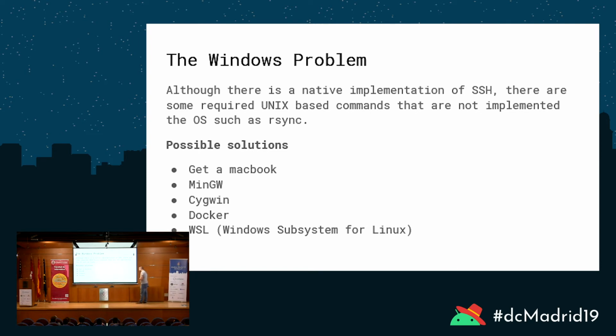Then Docker is another solution, because you can have a Linux on your machine. I haven't tried that either, but it's a solution. And then the other one is WSL, Windows Subsystem for Linux. I tried that one, and I think it's the best option, because it's not like installing a virtual machine on top of your machine, it's putting a layer of compatibility to emulate the kernel.